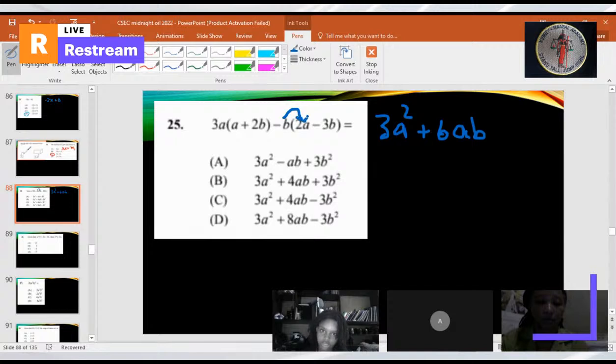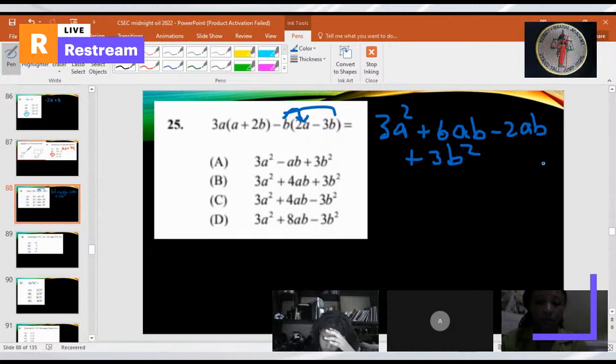So negative b times 2a is negative 2ab, and negative b times negative 3b is positive 3b squared. There's something common that we can simplify.